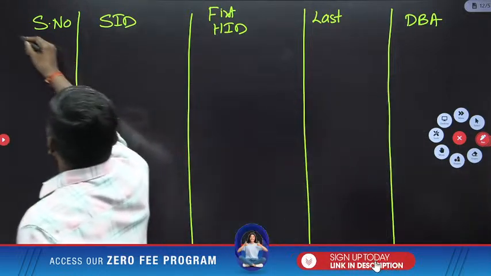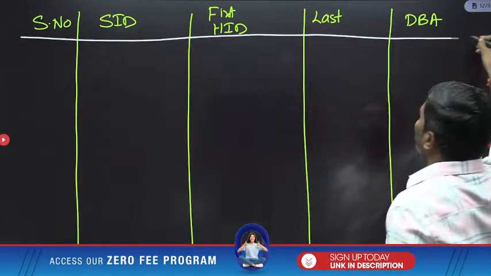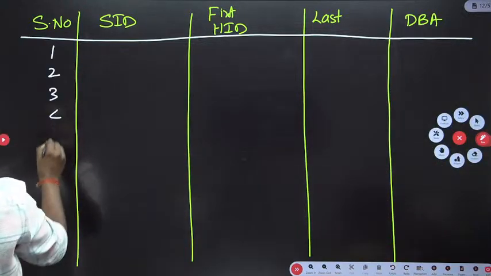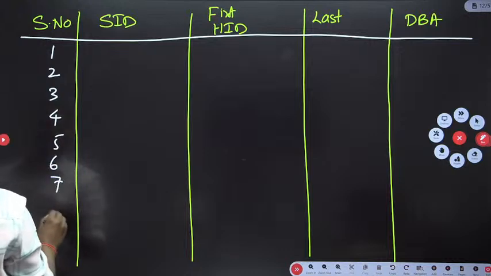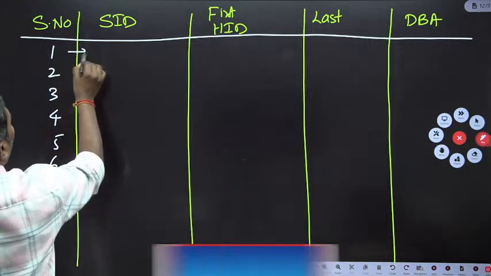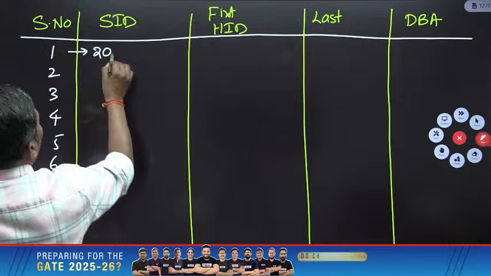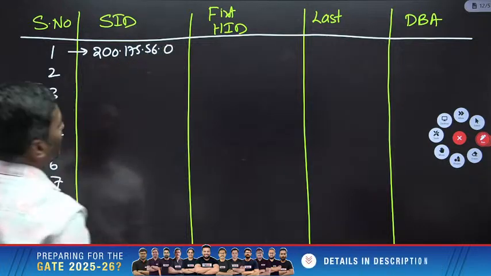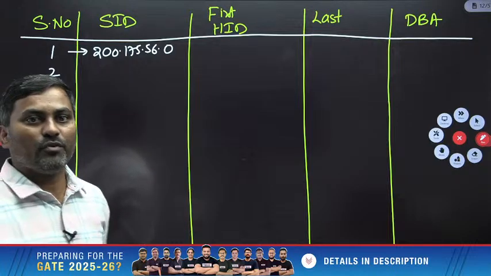Can you please answer me, all of you? Subnet 1, subnet 2, subnet 3, subnet 4, 5, 6, 7, 8 are there. What is the subnet ID? 200.175.56.0, correct?